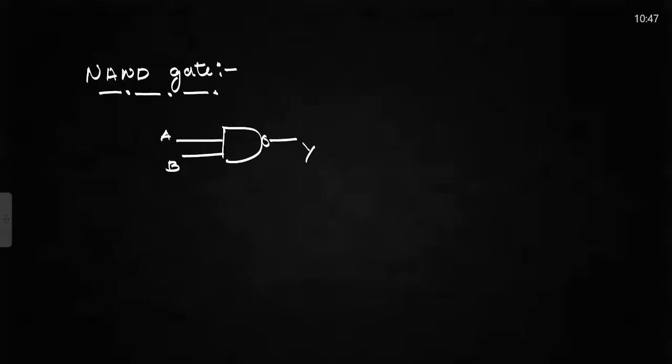Now we will understand its truth table and so on. There is another representation of NAND, that is an inverted OR. So this will also give me NAND.